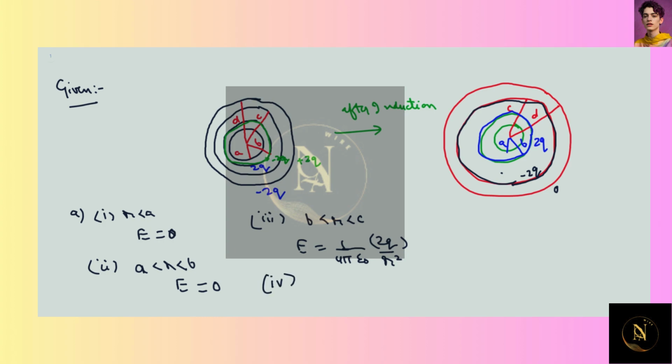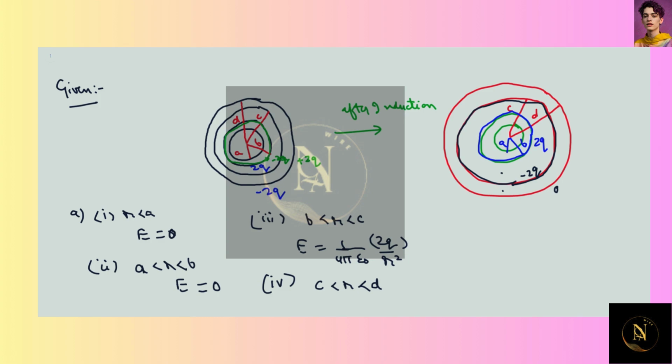Now going towards the fourth part of part a. We have c less than r less than d. So we're talking about this one here. We have 2q charge on this one, and again we have minus 2q charge on this one.